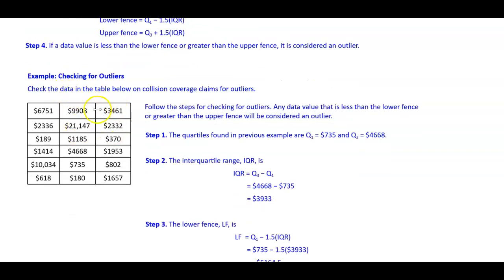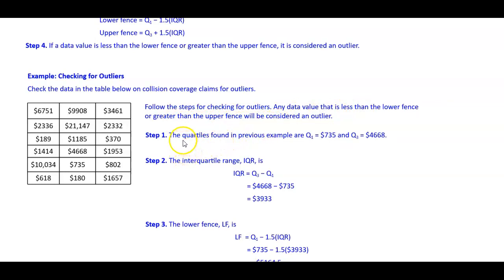So, for example, check the data in the table below on collision coverage claims for outliers. We're going to follow the steps for checking for outliers. Any data value that is less than the lower fence or greater than the upper fence will be considered an outlier.